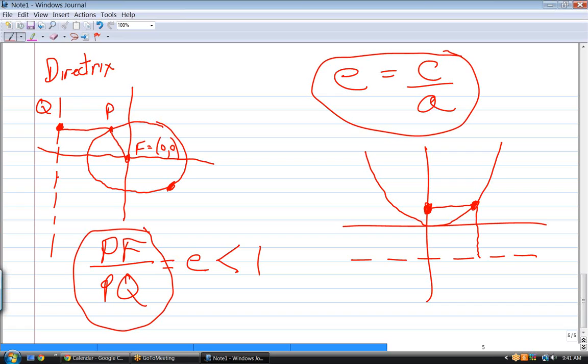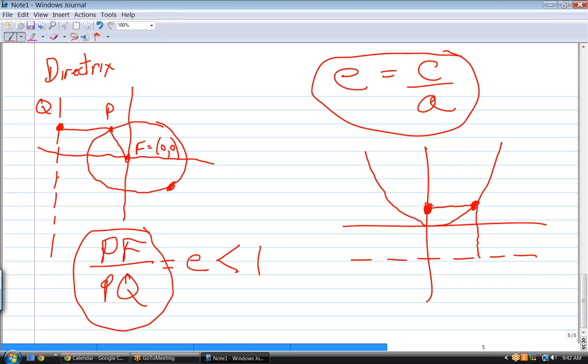I see. And look what that distance is. That's our PF. And it's equal to the distance from that point measured perpendicularly to the directrix. That's PQ. And by the definition of a parabola, that's also E. And since the definition of a parabola is those have to be the same, then E is automatically got to be 1 for a parabola.